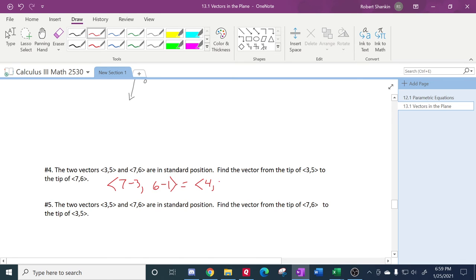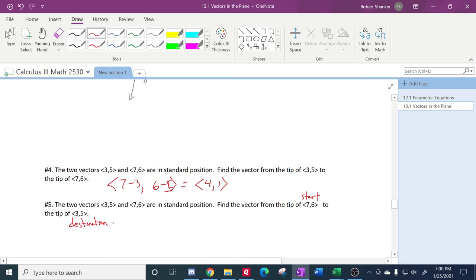Oops, 6 minus 5. 4, 1, like this. And from the tip of 7, 6 to the tip of 3, 5, this is the start, this is the destination.